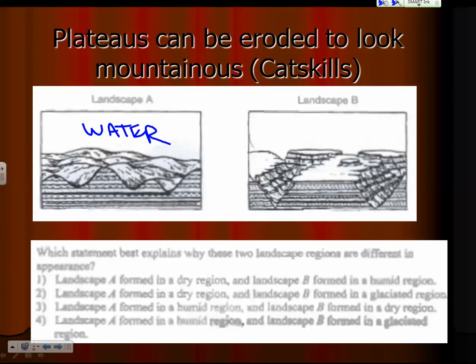And this right-hand picture, landscape B, looks more like the Grand Canyon, which is a very arid or dry location. Remember, water tends to round things, and lack of it tends to keep it more angular in appearance. So the best choice here looks like choice 3, because landscape A is humid, landscape B is dry.